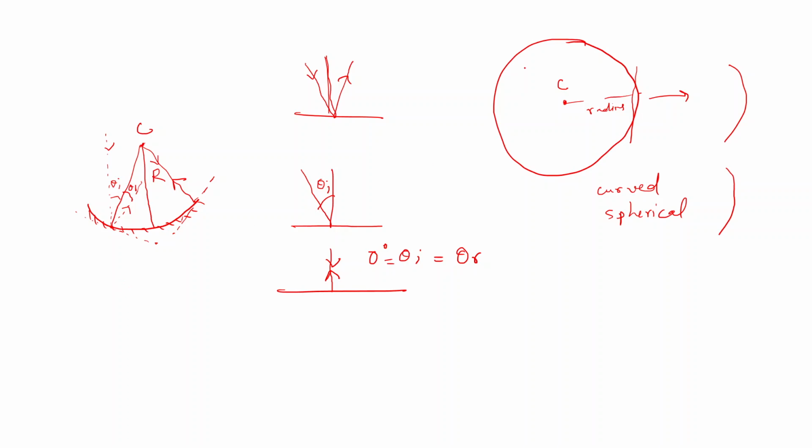As I said, we basically have two kinds of curved mirrors, concave and convex. Both are part of a spherical mirror.